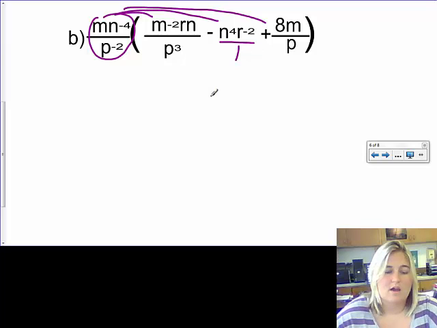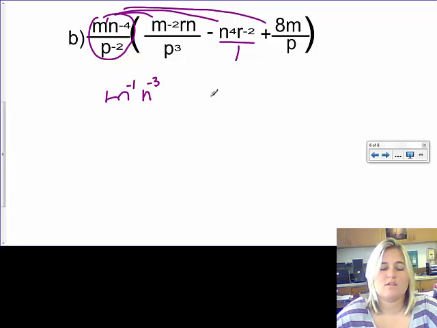I have m times m to the negative 2nd. 1 plus a negative 2 is going to give me m to the negative 1st. N to the negative 4 plus 1 gives me n to the negative 3rd. And then I have r over p to the negative 2nd times p to the 3rd.